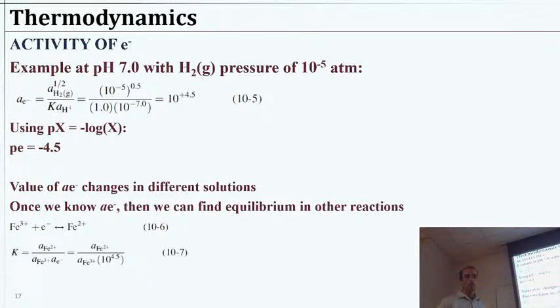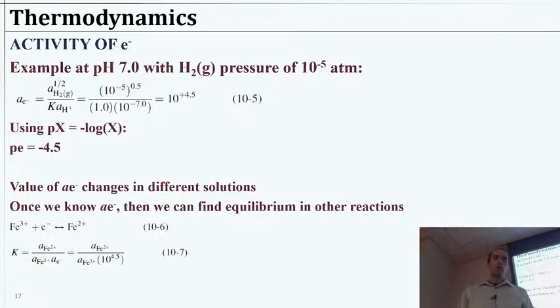That gives us a value for our activity of H plus and H2 gas, right here. With the H plus here, we can calculate the activity of electrons for that particular system as 10 to the plus 4.5. So we could plug things in given these conventions.